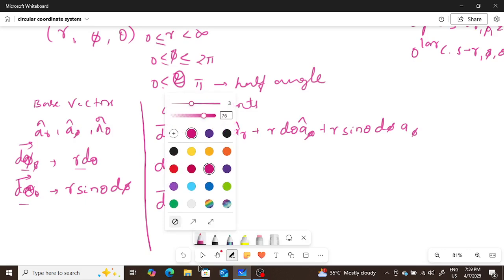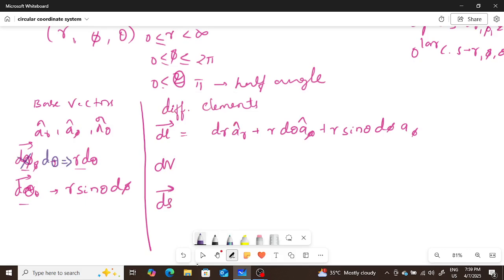Don't get confused, I had written it wrongly here, it is r d theta a theta, this is a correction I am writing, and it is a phi.